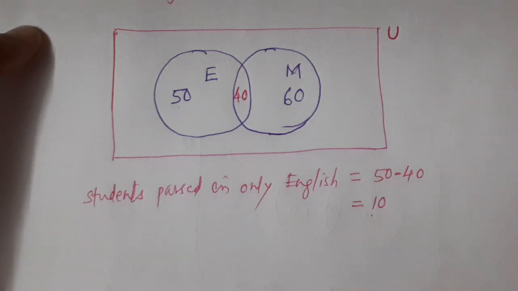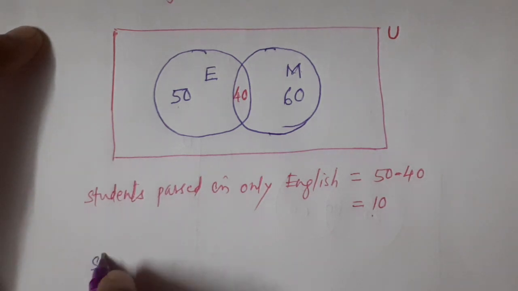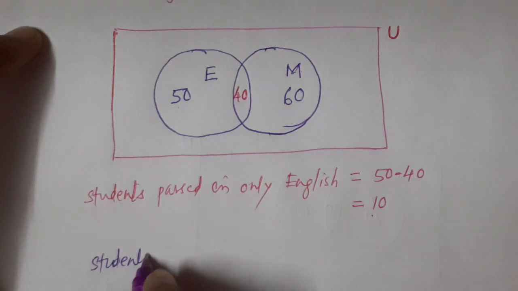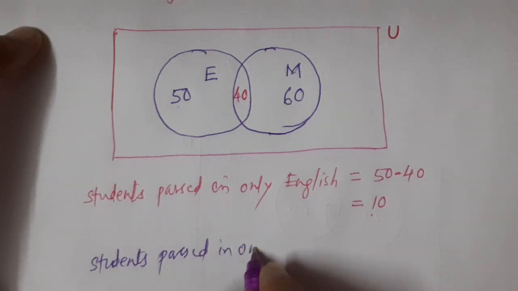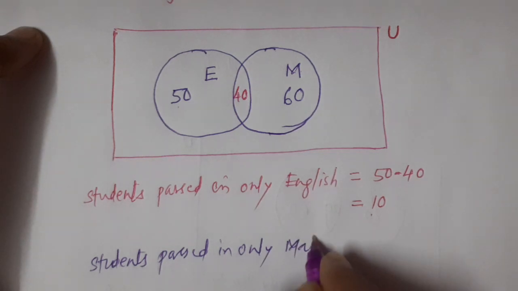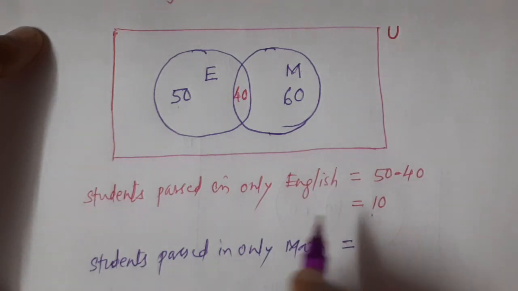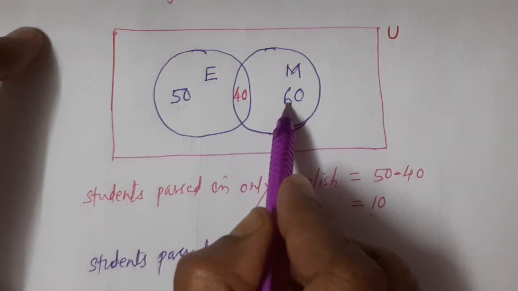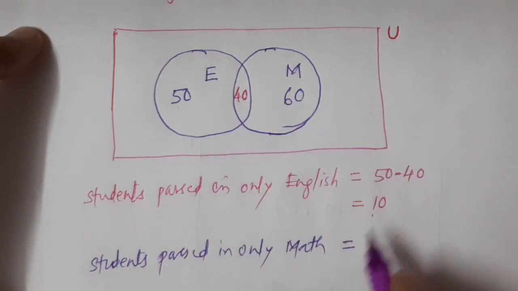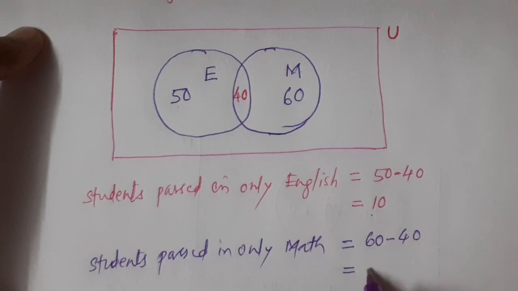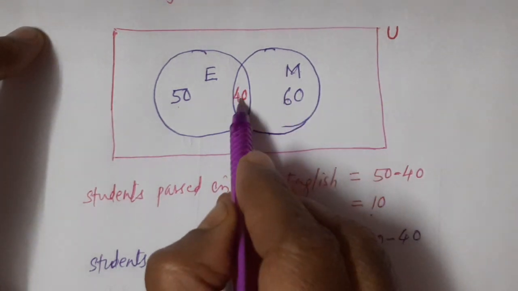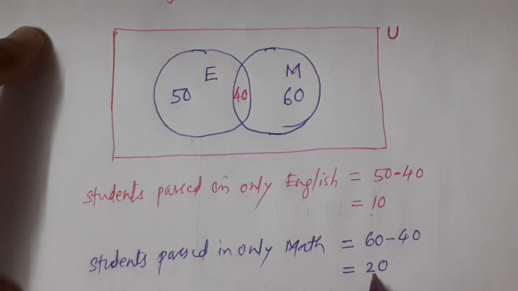Then second, students passed in only math. This is the math set, 60 minus 40, which comes out to be 20.